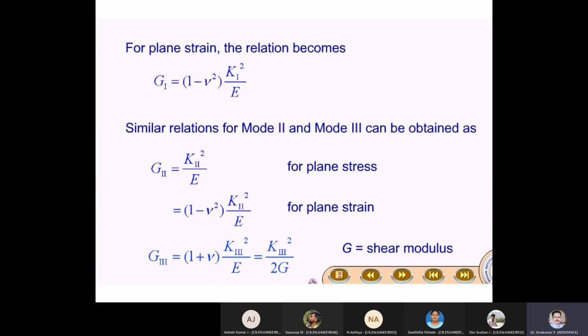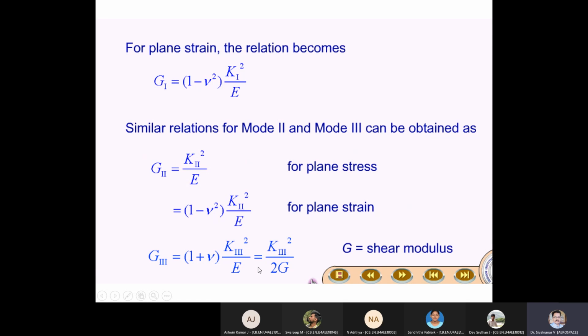Similarly for mode 2 and mode 3. For mode 2, G2 is equal to K2 square by E for plane strain, with 1 minus mu square. Similarly for G3 and K3.